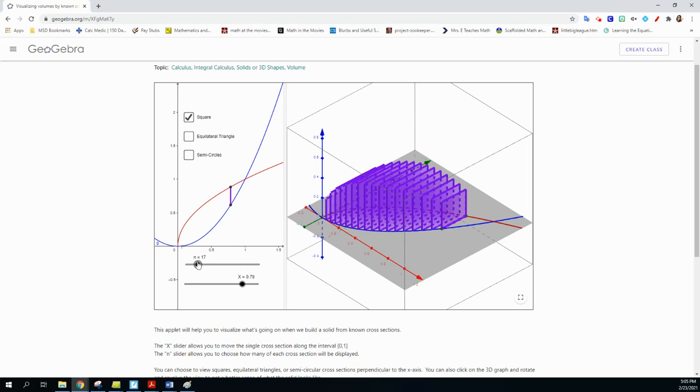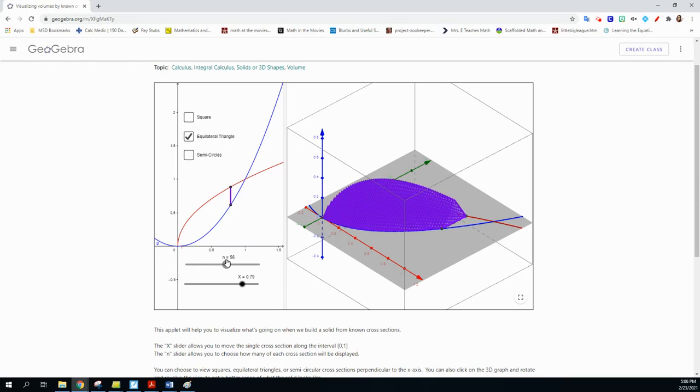We're trying to find the volume of the solid that's created when we put an infinite amount of whatever shape they're asking for, perpendicular to whatever axis. So these are all squares. Let's get rid of the squares for a second and look at equilateral triangles. The more triangles I have, I'm going to get a shape.